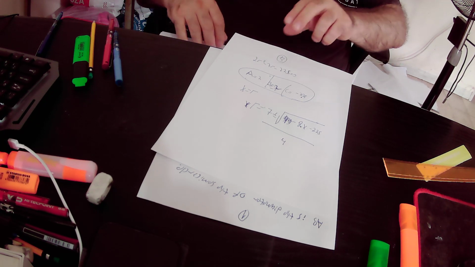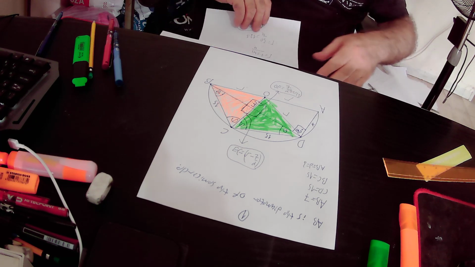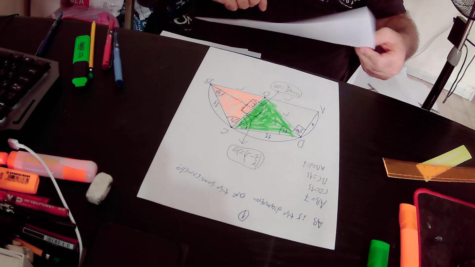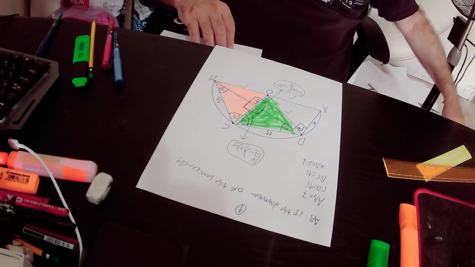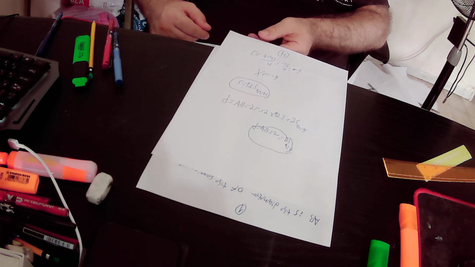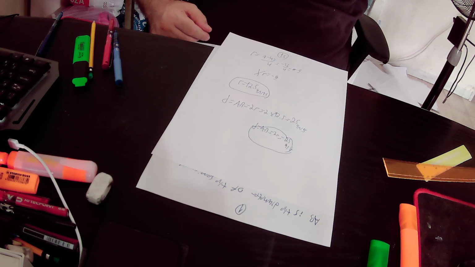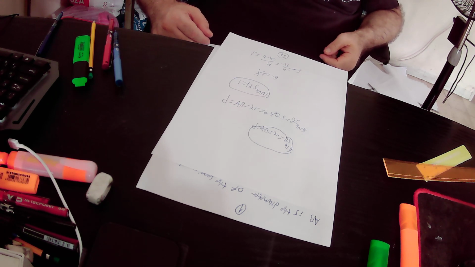We put the data inside the formula, and we found out that the radius of the semicircle is equal to 12.5 units, but we also have a second solution: the radius equals minus 9. But it is impossible for the radius of the semicircle to be a negative number, it must be positive.